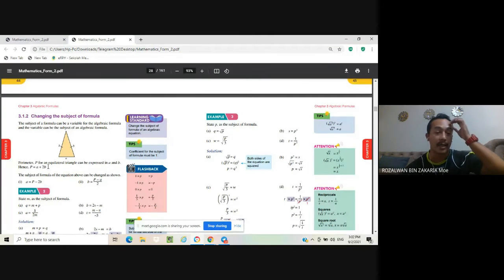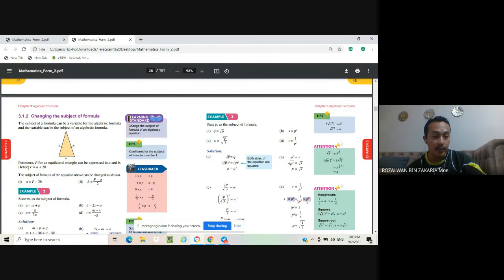We have to find the total length. We have to add. All right, so that's why P equal to A plus 2B. The subject of a formula of the equation above can be changed as shown. So you can write A equal to P minus 2B.